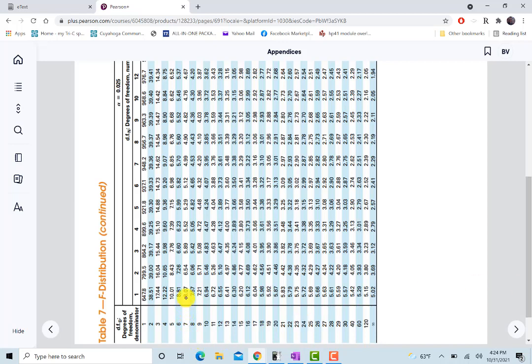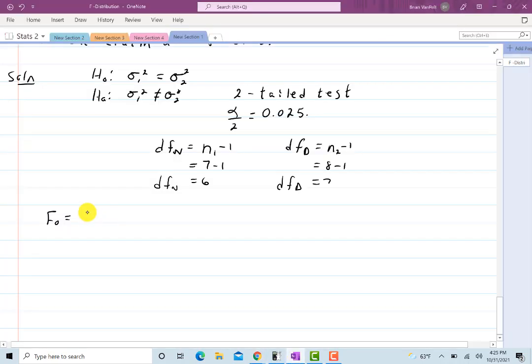So let me go down to the 7 row until I get to the 6 column up here. I see that the number I want is 5.12. So I'll make a picture.